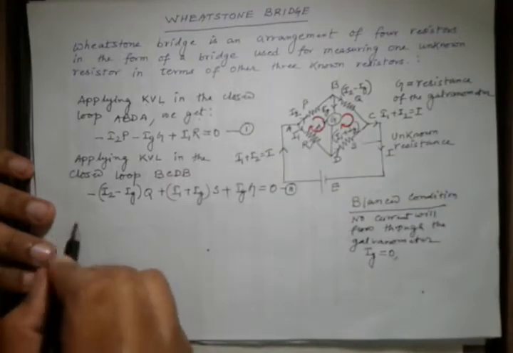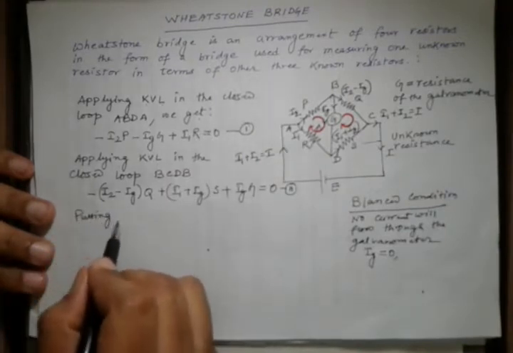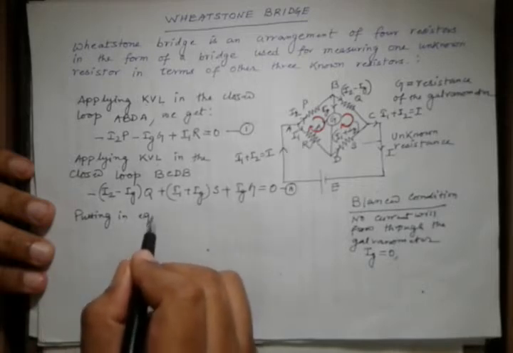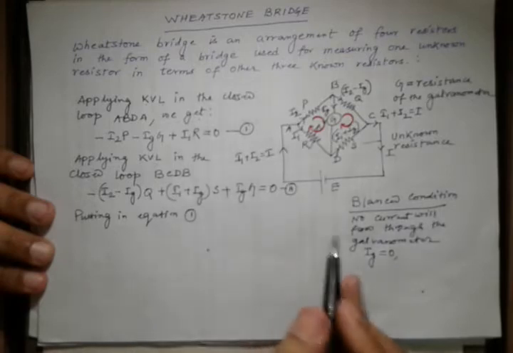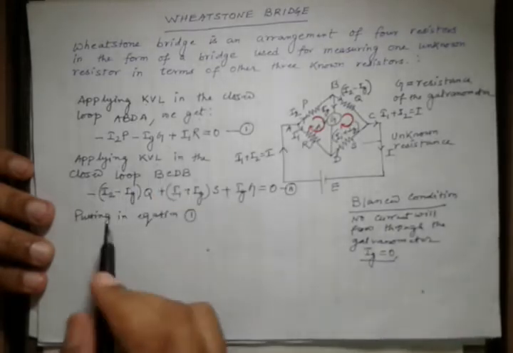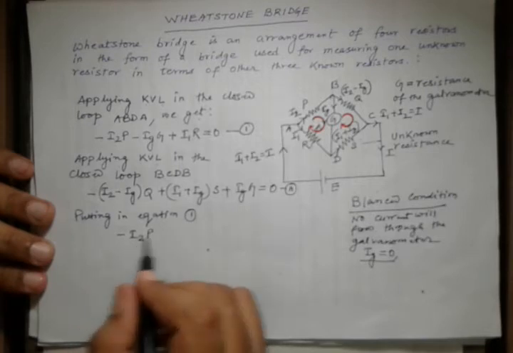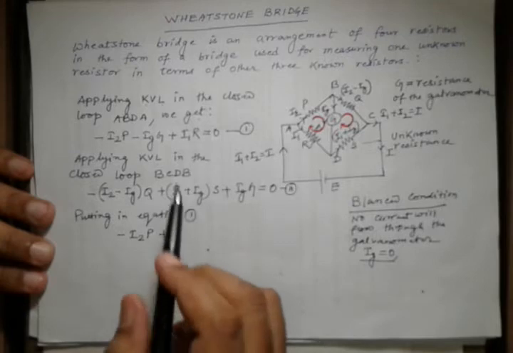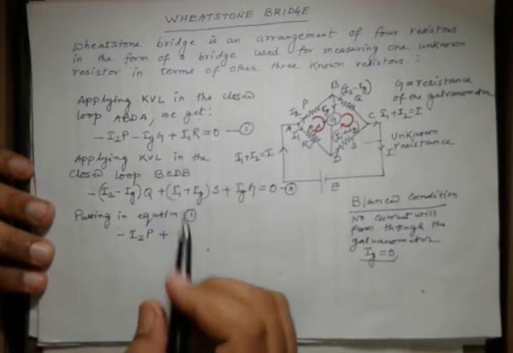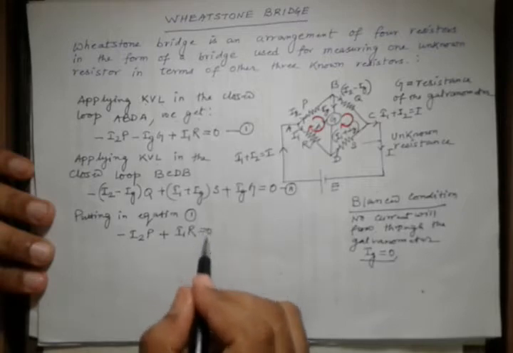So what will we get? Putting Ig equal to 0 in equation 1, we get minus I2 into P plus I1 R is equal to 0.